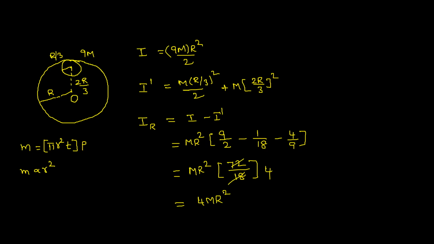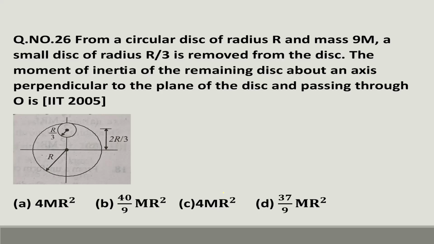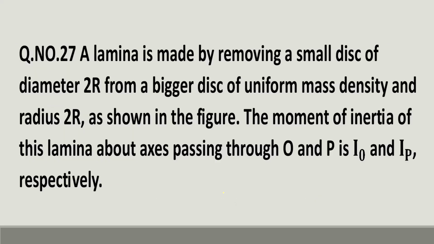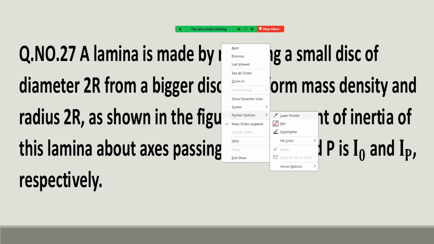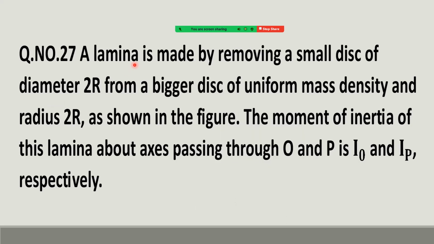Okay. Let us see the next problem. Let's see the question. A lamina is made by removing a small disk of diameter 2r from a bigger disk of uniform mass density and radius 2r as shown in the figure.